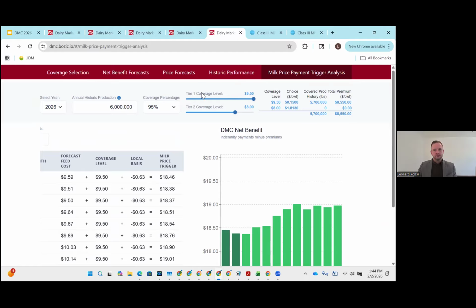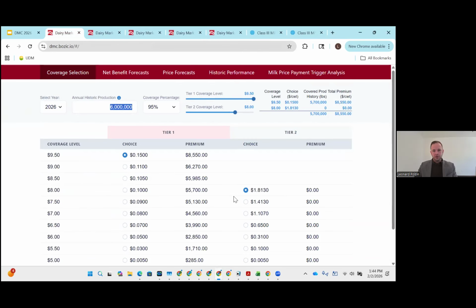So again, every operation is different, and I think it's important that you understand the tool, understand where your risks lie, what risks this tool and this policy does cover, and what it does not cover, all of these things.